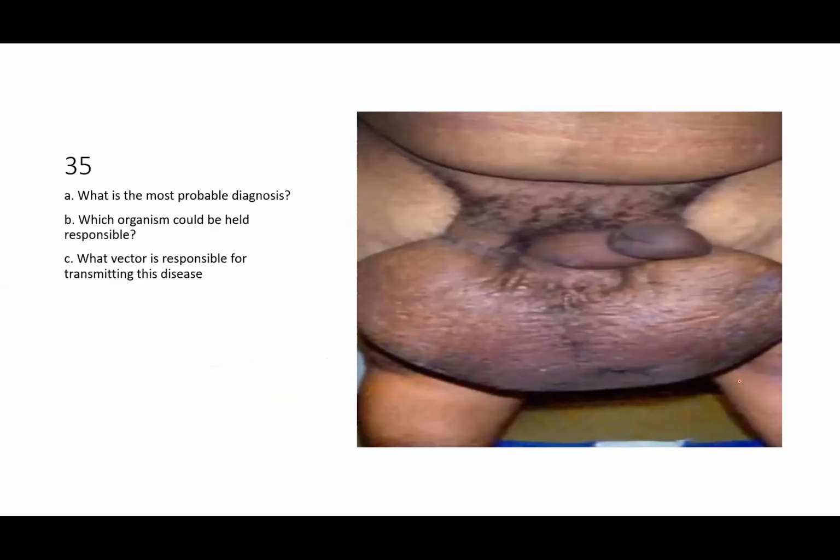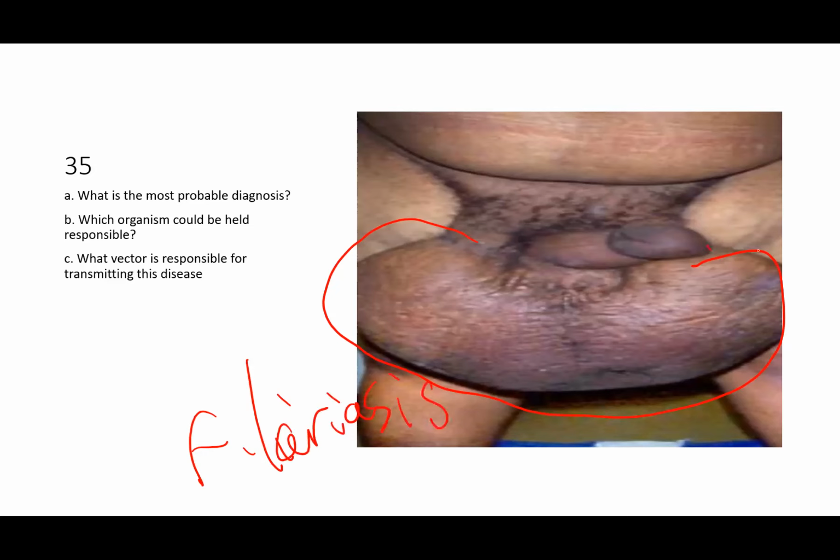This is scrotal elephantiasis. What is the most probable diagnosis? It is filariasis. You have a very huge scrotal elephantiasis. It's caused by a filarial worm. What organism could be held responsible?